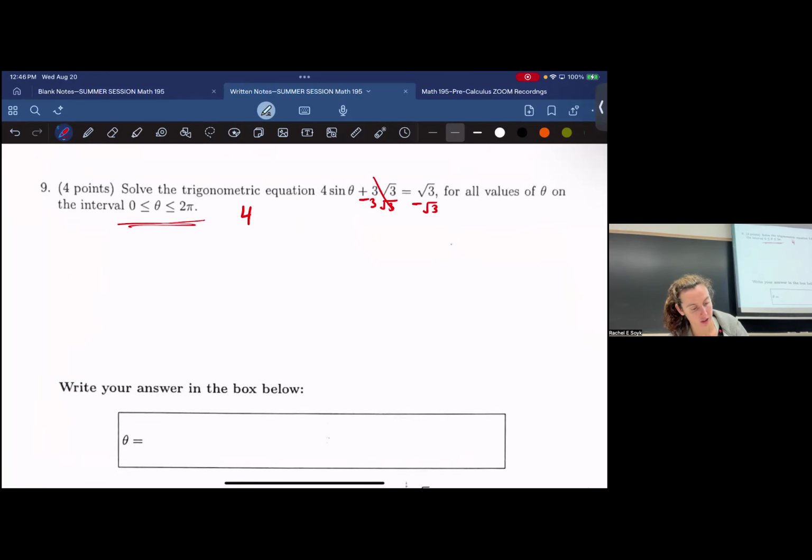So we're essentially looking at 4 sine theta is equal to, think of square root of 3 as like x. If we had 1x minus 3x, that would give us negative 2x. So 1 square root of 3 minus 3 square root of 3 gives us negative 2 square root of 3.